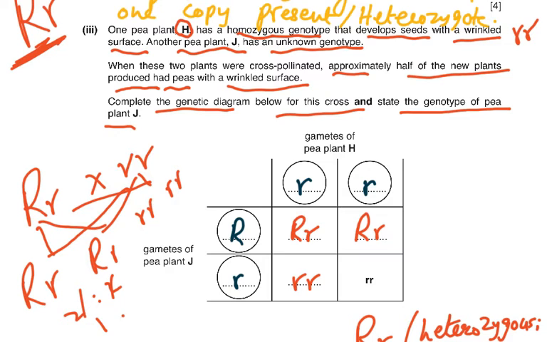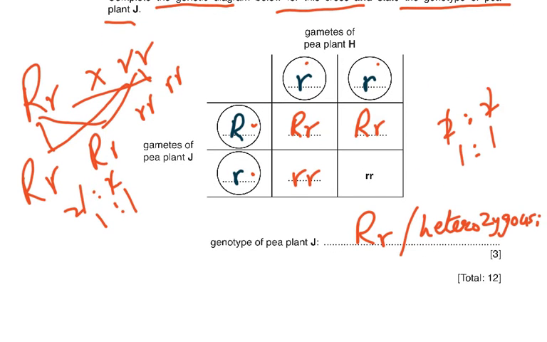The gametes of the pea plant H must be small r, this one and this one, and then the gametes of J would be this and this, because this is the only way that you can get a 2:2 or 1:1 answer. So this is what we had to get. The genotype of the pea plant J would be heterozygous, big capital R and a small r.